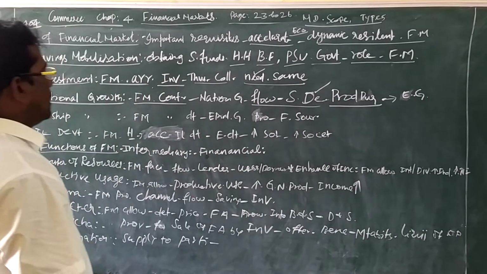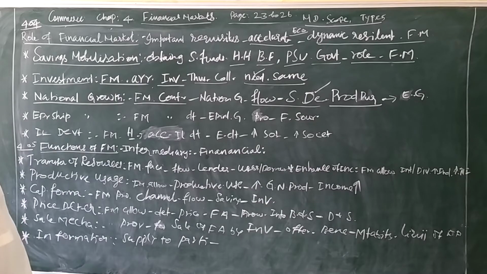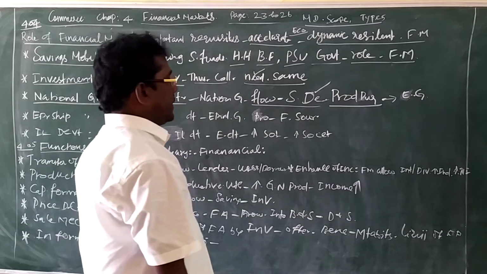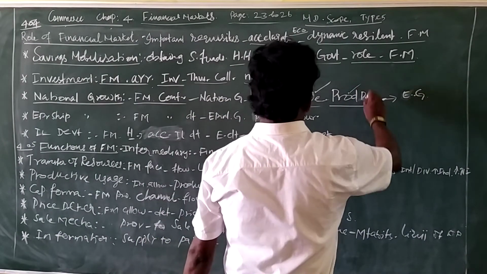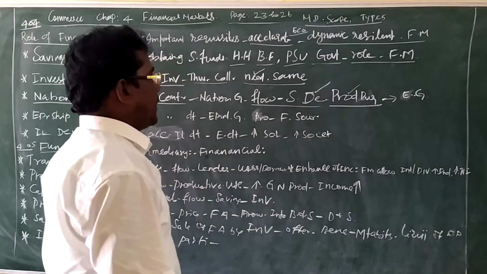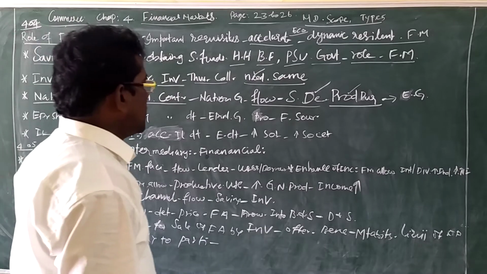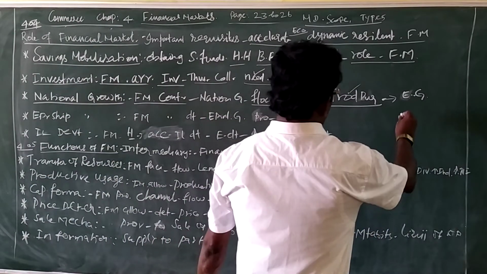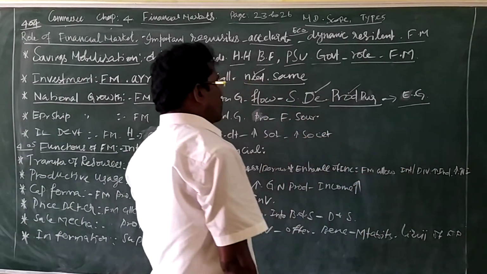The amount supplied by the financial market in the form of investment should be placed for productive purposes. That means increasing the level of production of the country. Once the productive level increases, automatically it will lead to economic growth of the nation.